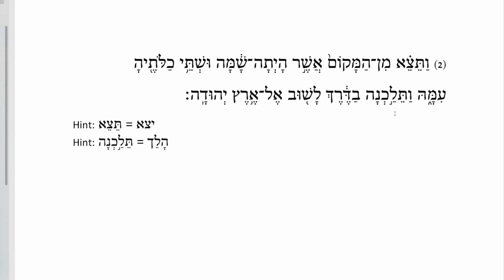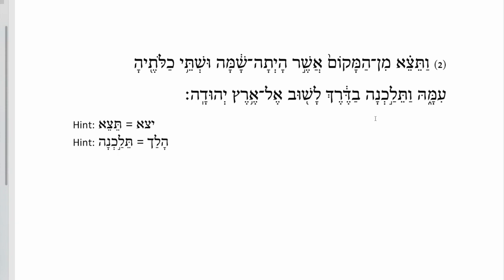But in any event, it acts like a first yod. See your first yod vowel underneath your performative up here, the very first word of the verse, vatetze. Look at that same thing here, vatelachna. The only two letters you have from your root are the lamed and the kaf here. The tav is a performative. The na is our verb ending because it's our call imperfect second plural ending.